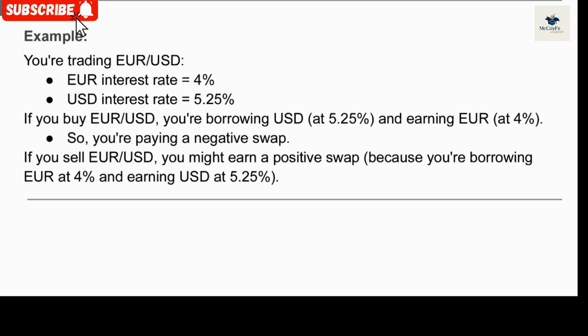But if you sell that same currency pair overnight, you might earn a positive swap because you are borrowing Euro at 4% and earning USD at 5.25%, which means you'll be making 1.25% swap instead of negative swap. In this case, you are going to be having a positive swap.